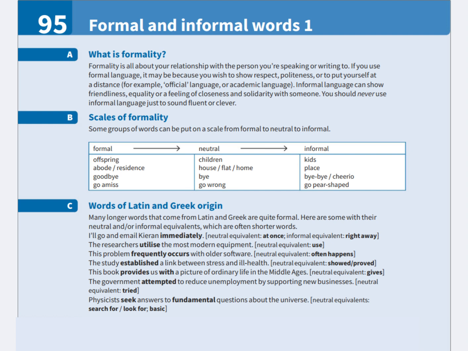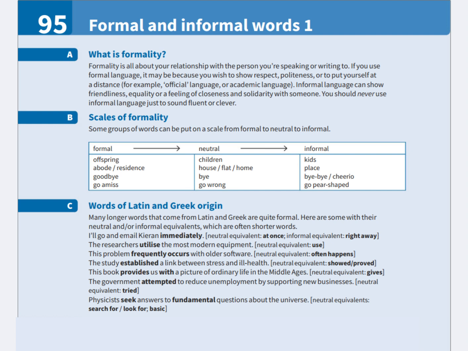C. Formal words of Latin and Greek origin. Many longer English words derived from Latin and Greek sound relatively formal. Their neutral and informal equivalents are often shorter and more common in everyday conversation. The formal word immediately means the same as the neutral expression at once and the informal expression right away.